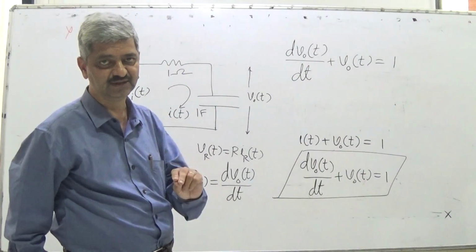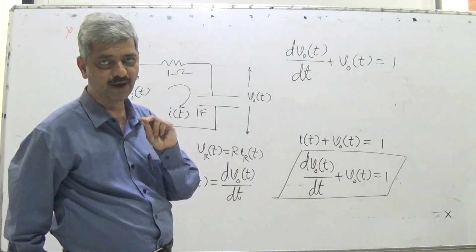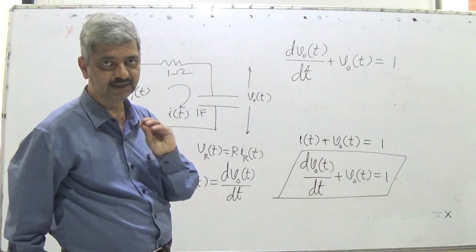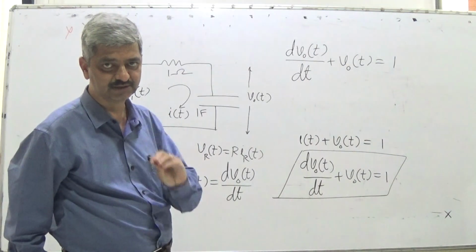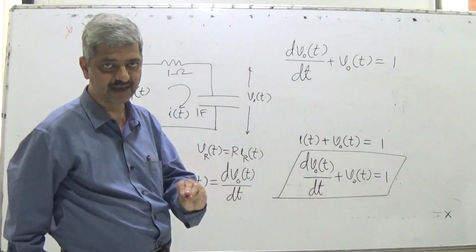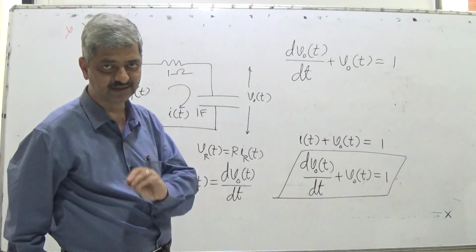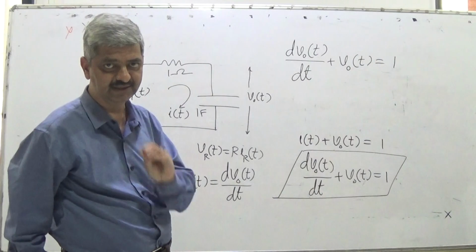The question of finding the output voltage for a circuit which consists of one capacitor and one resistor is incomplete.